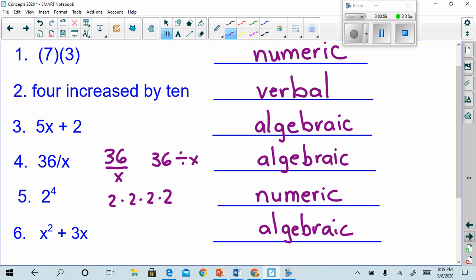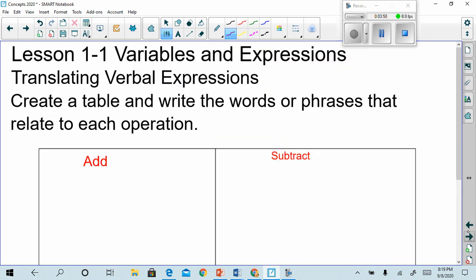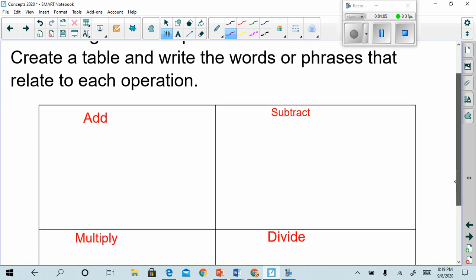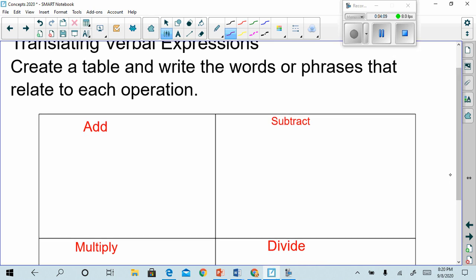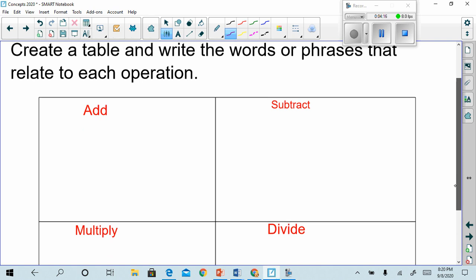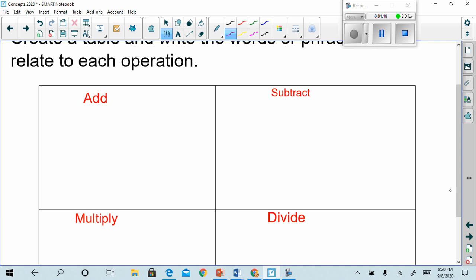Now to the translations. I want you to create in your notebook, once again, a 2x2 grid. We're going to create a table. We're going to title each of the boxes add, subtract, multiply, and divide. And I would like you to think of all the words that you've seen or heard that tell you that this is the operation you want to perform.